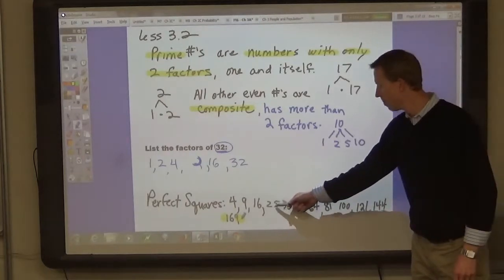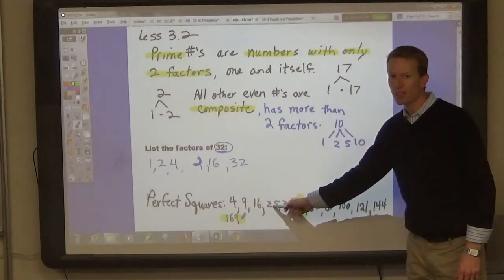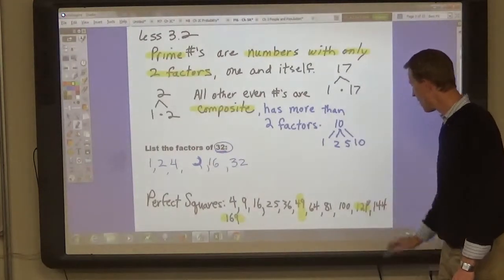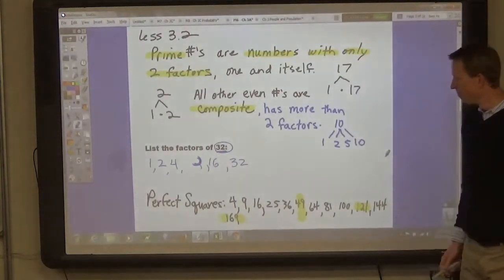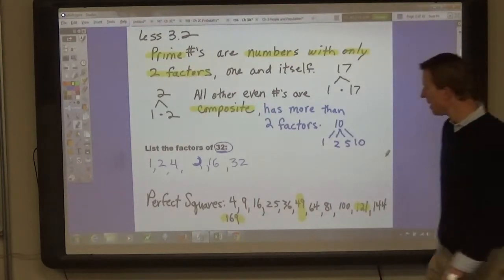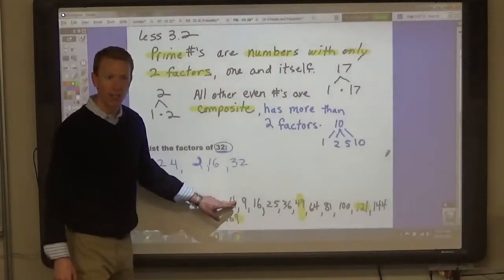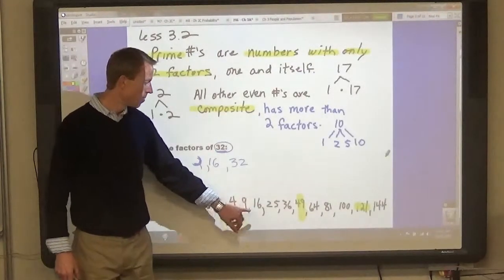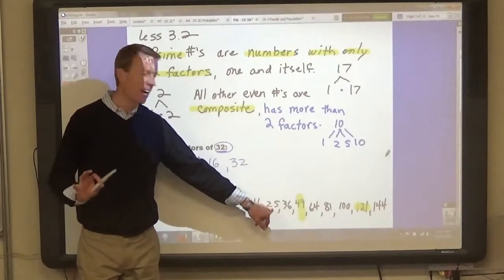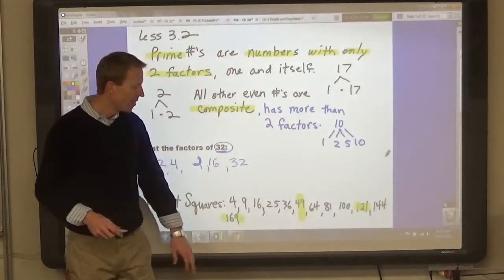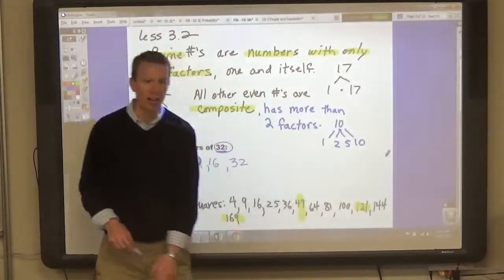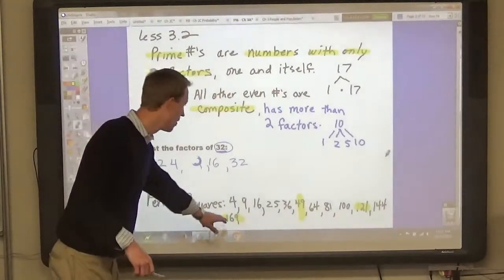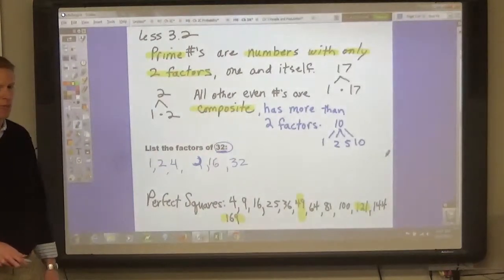The others follow the rules that we learned. 4 is even, and 25 ends in a 5, so we get those. 121 is the only other one that doesn't follow the rules, 11 times 11. So remember 11 times 11, and 169 is 13 times 13. Remember those.